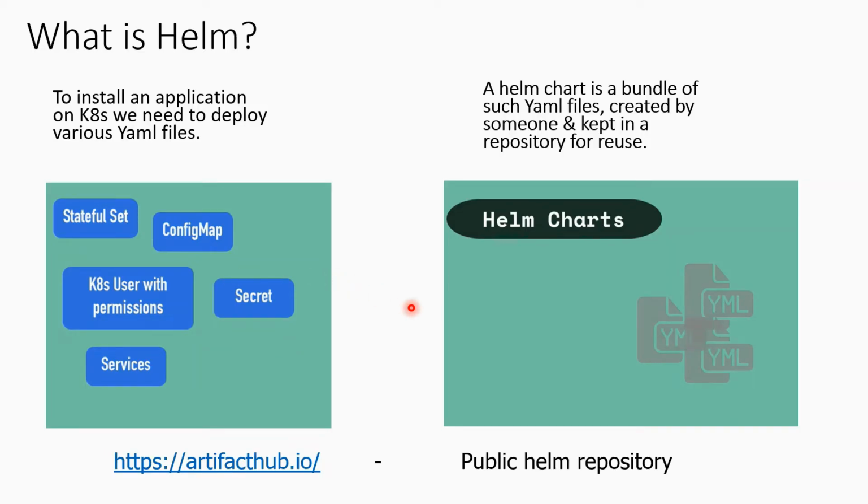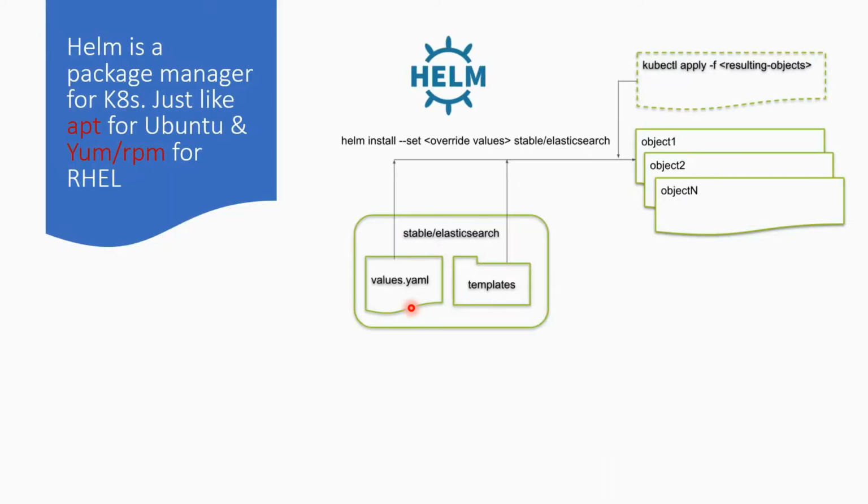So this is a Helm chart, and to deploy this Helm chart, we have a tool in the Kubernetes cluster which is called Helm Manager. So Helm is a package manager for Kubernetes, just like apt is a package manager for Ubuntu and yum or RPM for RHEL.